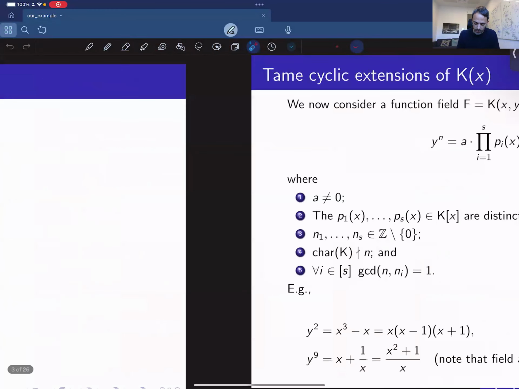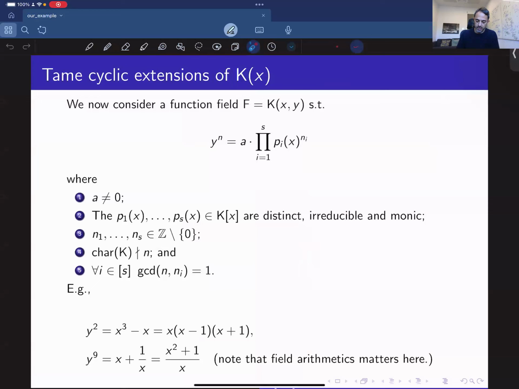And if you remember, I mentioned a theorem that says that if you have what we'll later call a tame cyclic extension of the rational function fields, namely extensions obtained by adding an n-th root, for any n that you would like, of some rational function, an element in K(x), under some conditions. In particular, the characteristic should not disturb things, and also you need the GCD of these n_i's and n to be 1 and so forth.